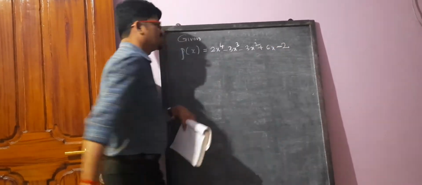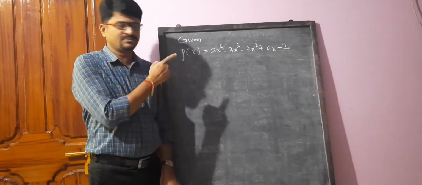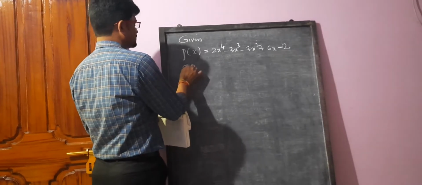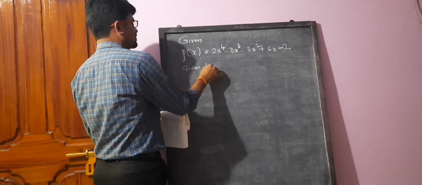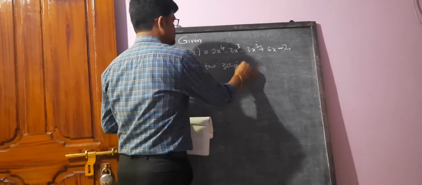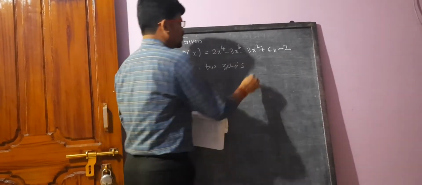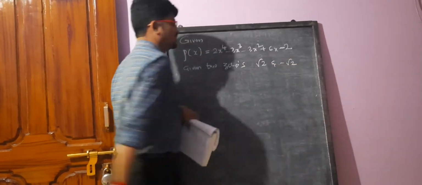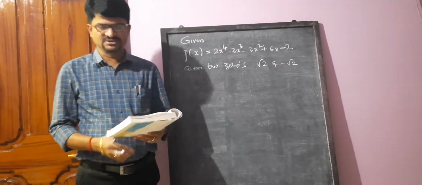This is the given biquadratic polynomial. And what are the given 2 zeros? Root 2 and minus root 2.